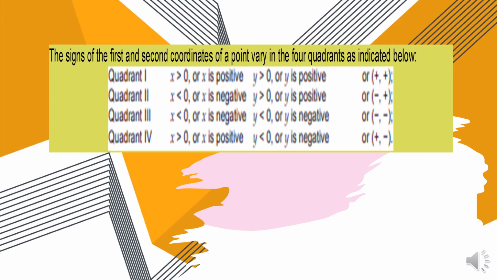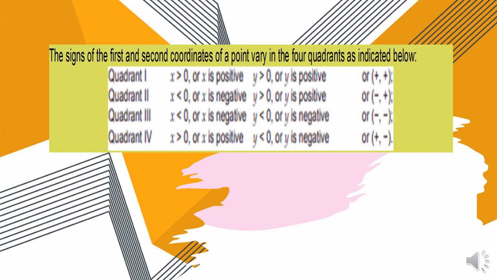Therefore, in our second quadrant, the value of x will be negative and y is positive. For quadrant 3, x is less than 0 or x is negative, and y is also less than 0 or y is negative. So the sign of our x and y values in quadrant 3 is all negative.